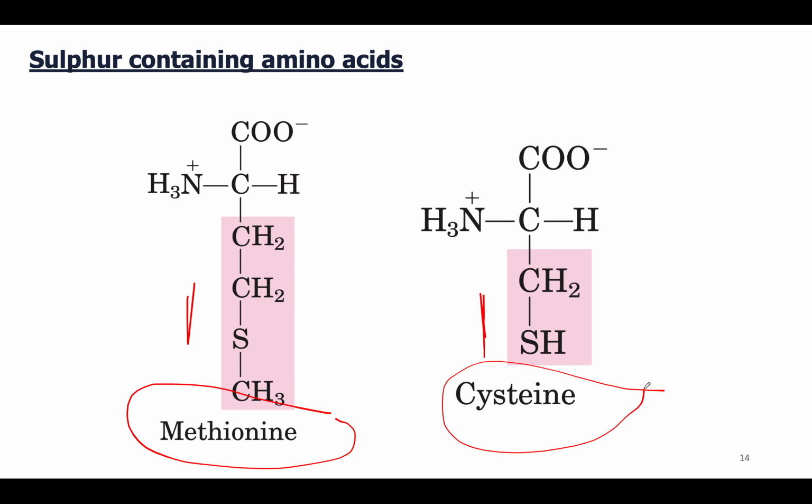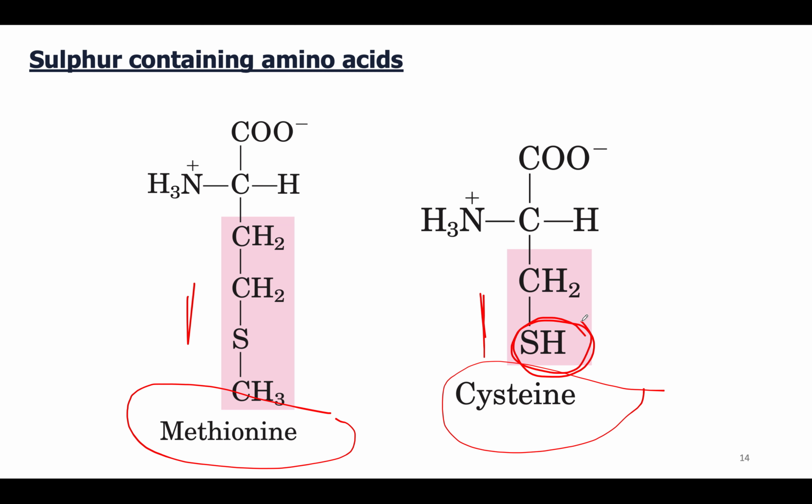Now, methionine is a sulfur containing amino acid, yes. In case of cysteine, this particular sulfur forms a chemical group which is known as the thiol group. I repeat, in cysteine, the sulfur present in the side chain forms a chemical group that is called the thiol group.